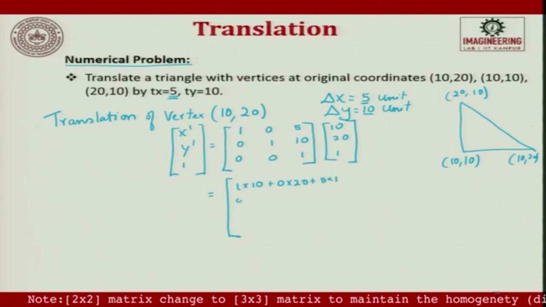The next one is 0 cross 10 plus 1 cross 20 plus 10 cross 1. The next is 0 cross 10 plus 0 cross 20 plus 1 cross 1. So this equals 15, 30 and 1. Take this point. We have done it.